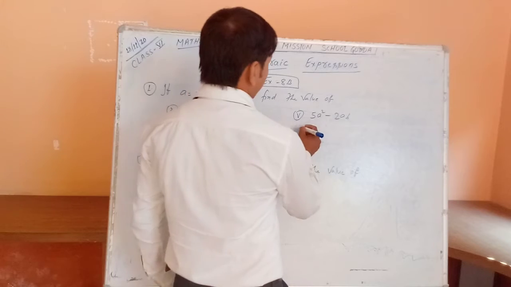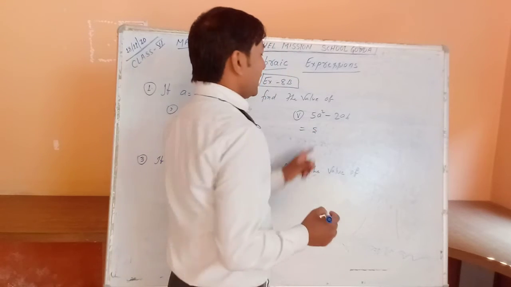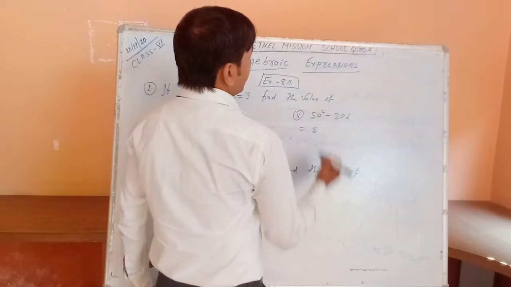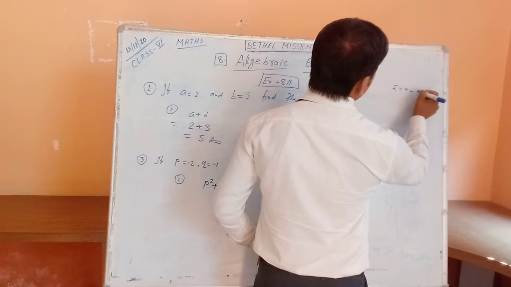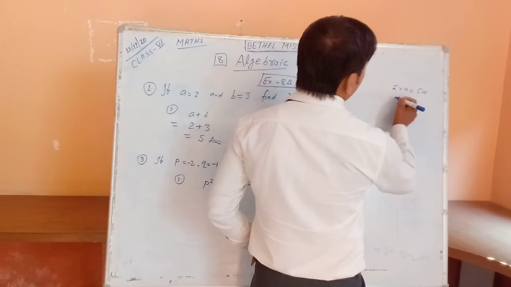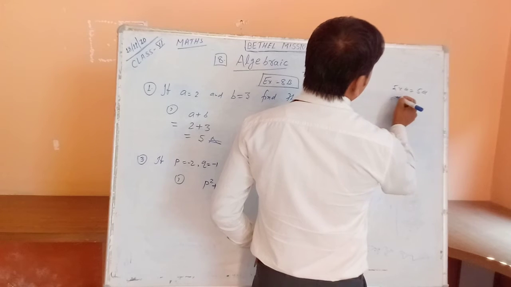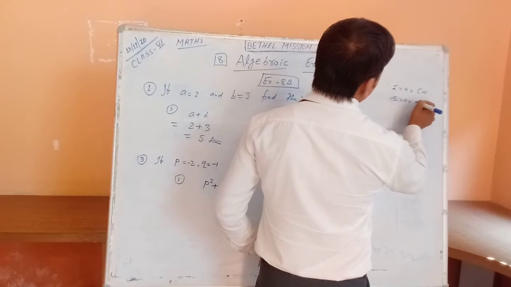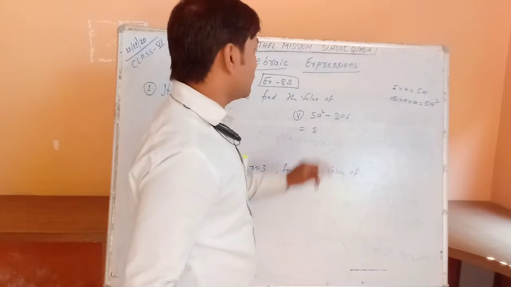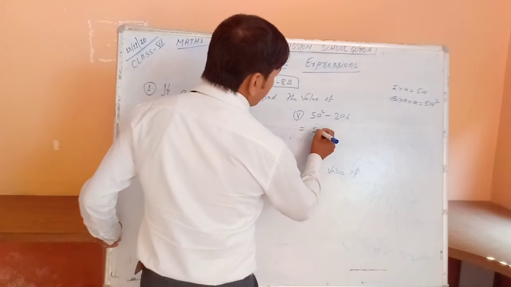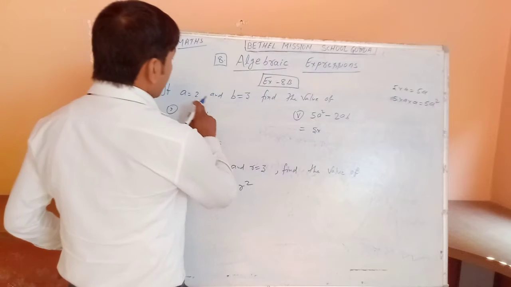Here also, 5 and a square. 5a square, how did we get it? 5 into a squared. So here 5 into a, what is a? 2.